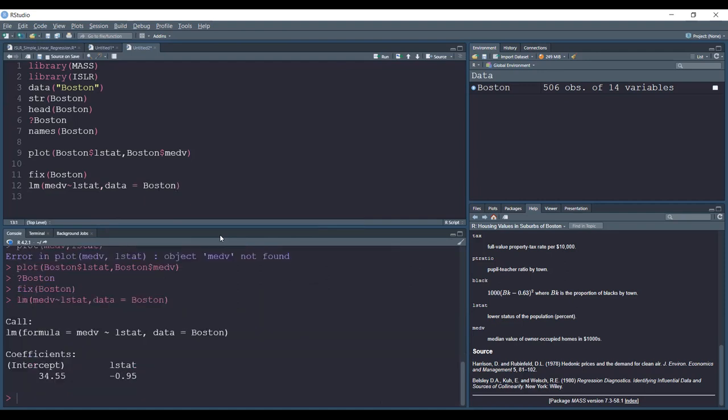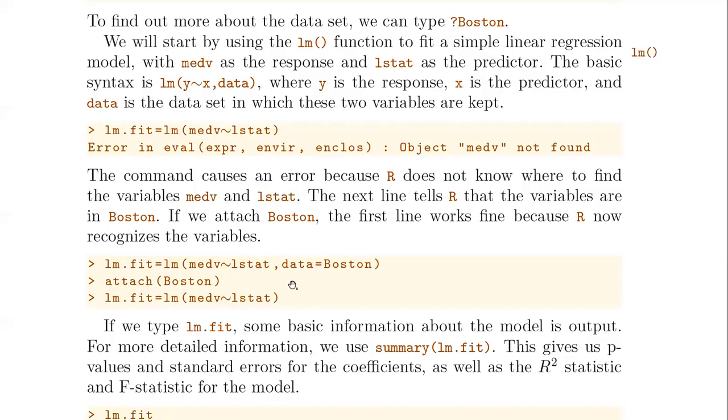And there we go. You have your intercept and your LSTAT slope parameter, which is roughly -1. Okay, let's go back. And we have an error over here.